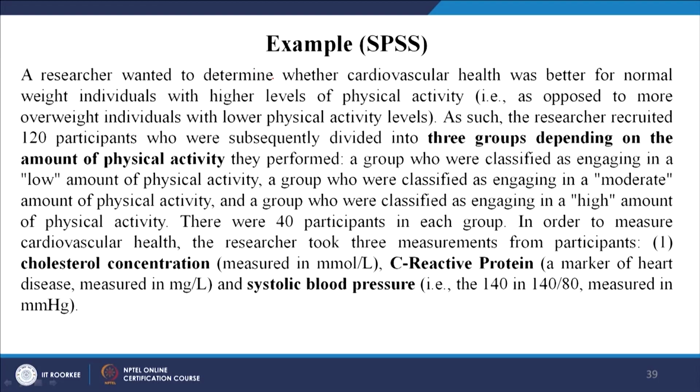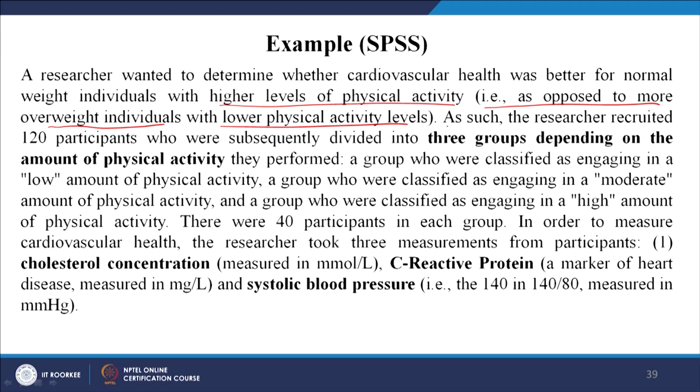Now, take this example. A researcher wanted to determine whether cardiovascular health was better for normal weight individuals with higher levels of physical activity, as opposed to more overweight individuals with lower physical activity levels.